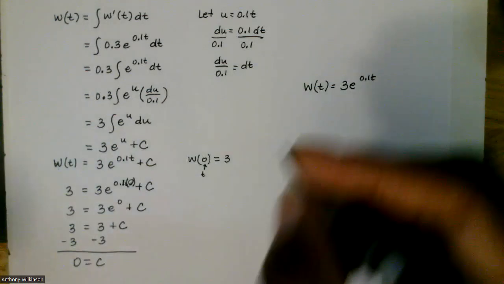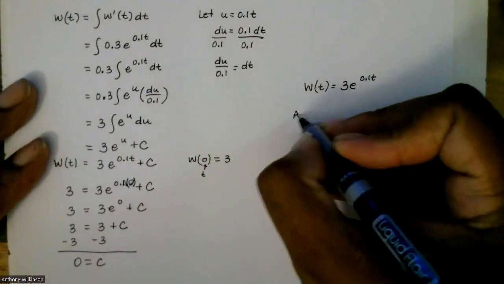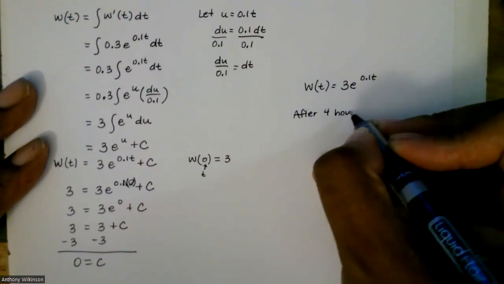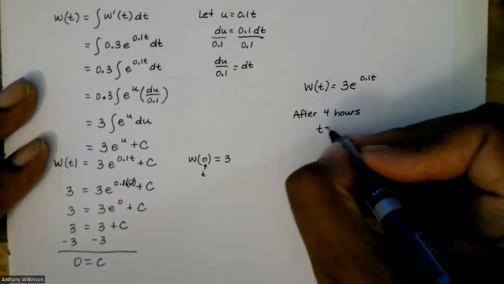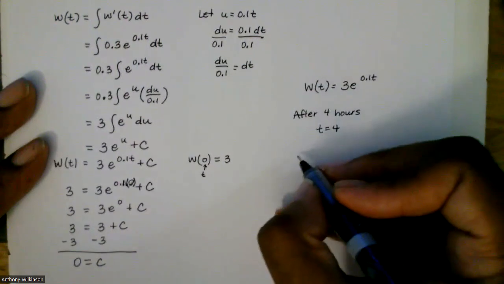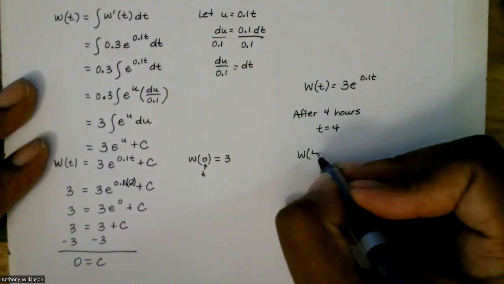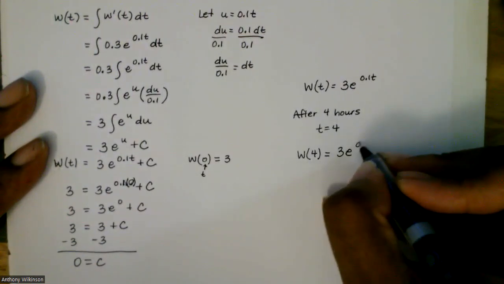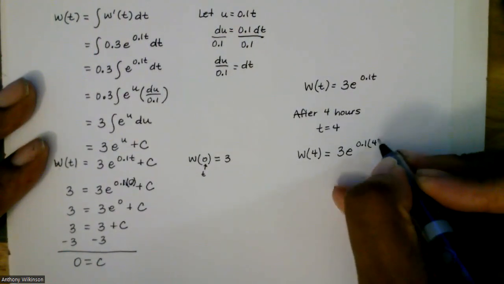Now, what about after 4 hours? That means t is going to be equal to 4, and we just substitute each t with 4. So it'll be W of 4 equals 3 e to the 0.1 times 4.